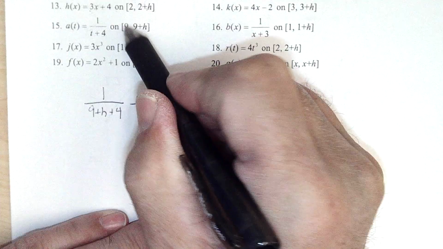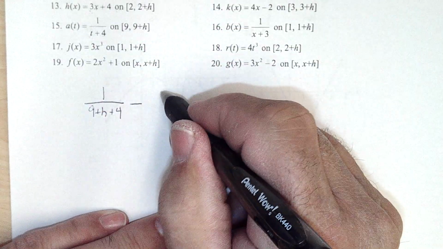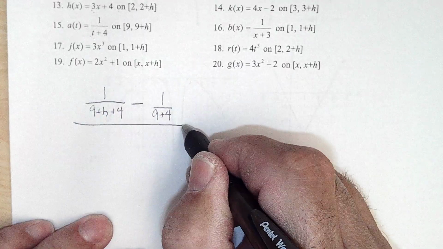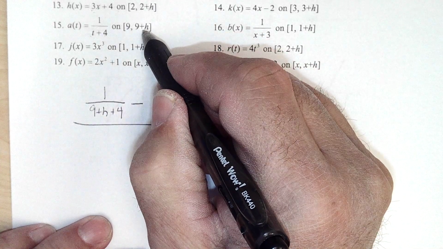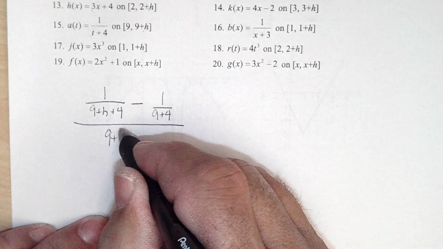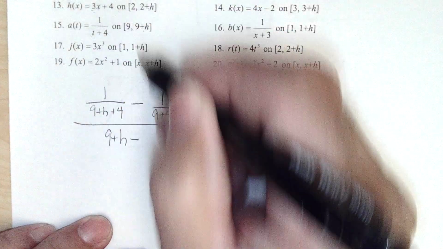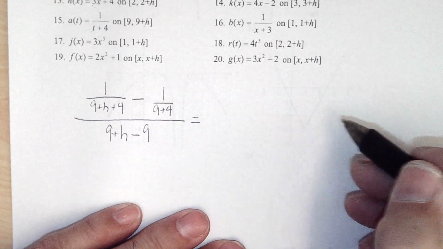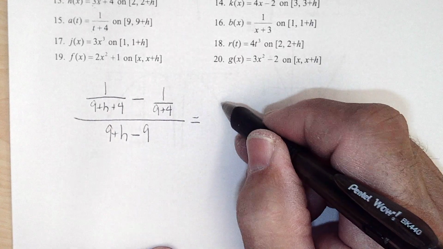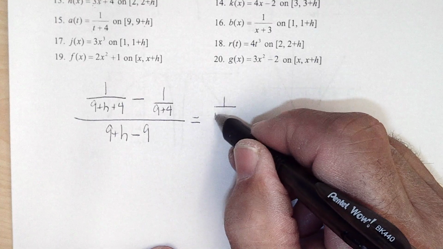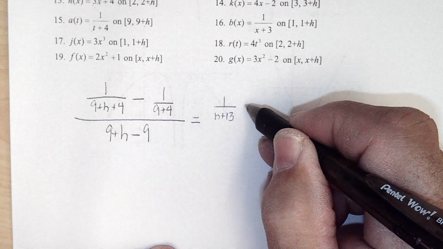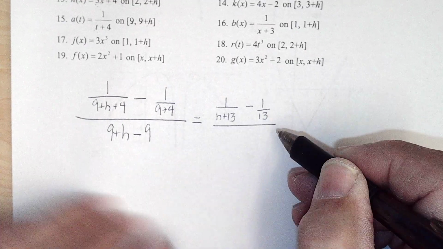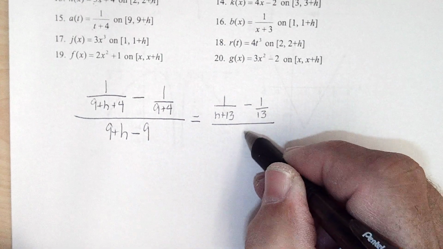So I put x1 in for the t, and I get 1 over 9 plus 4 over x2 minus x1. Simplifying a little bit here, we get 1 over h plus 13 minus 1 over 13, the 9's cancel, over h.